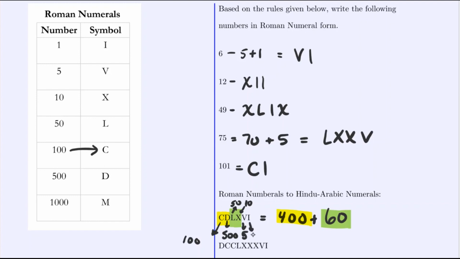And the 1 represents the 1. These are in the correct order, so we would add them, larger to smaller, and that would give us plus 6. And you don't have to show all this work. I'm just doing it as an example. You could, as you get comfortable, just think about it, whatever works best for you, and we would get 466.